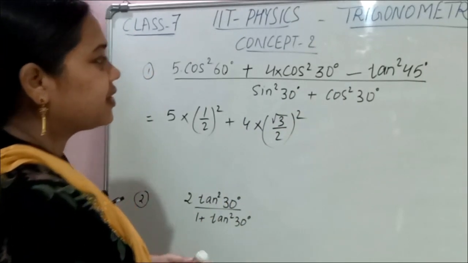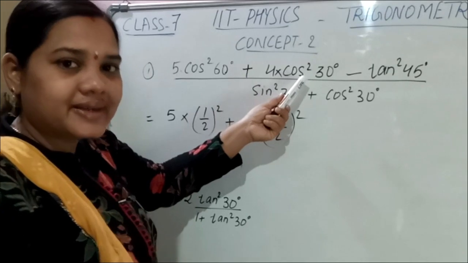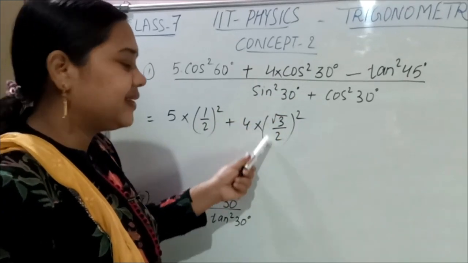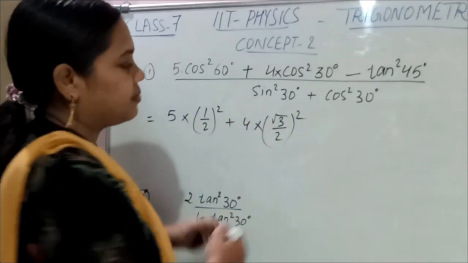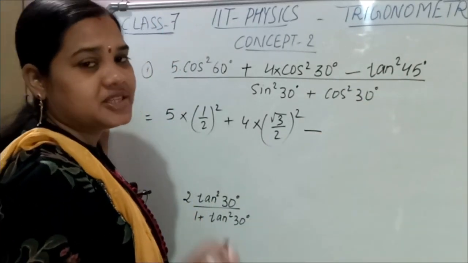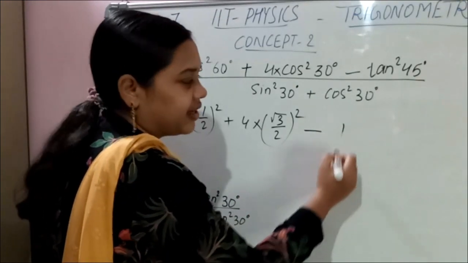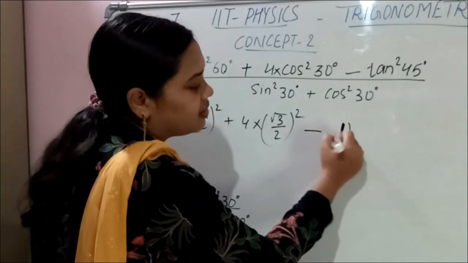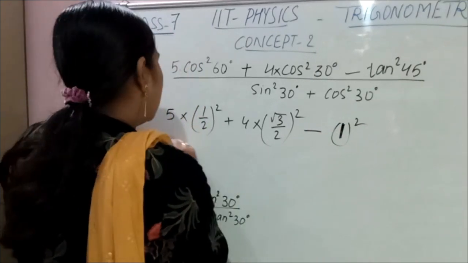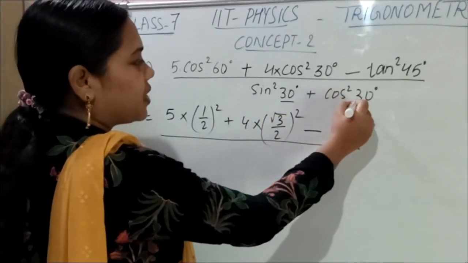See, children, here what is given? Cos square 30 means cos 30 whole square. So root 3 by 2 whole square minus tan square 45 degree means tan 45 whole square. Tan 45 how much? Tan 45 is 1. 1 square, whole divided by, now here see, sin square 30 degree plus cos square 30 degree.